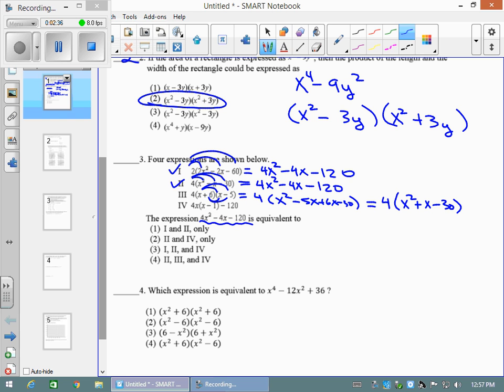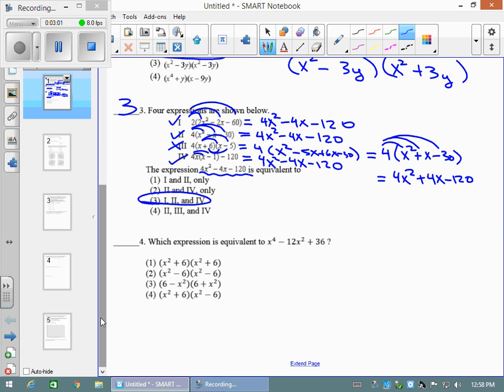And if you multiply that out, you would get 4x squared plus 4x minus 120. So this one is not equivalent. Looking at choice 4, I could distribute and get 4x squared minus 4x minus 120. That one is equivalent, so the correct answer should be choice 3.